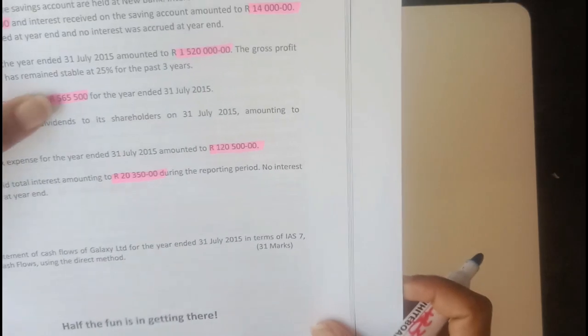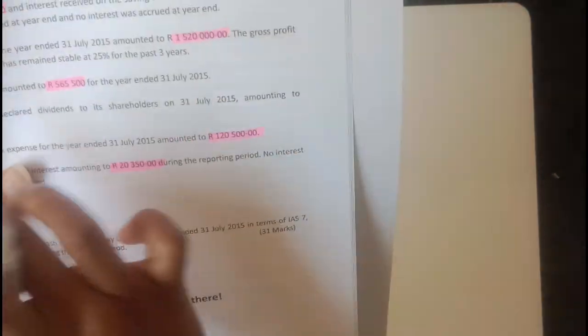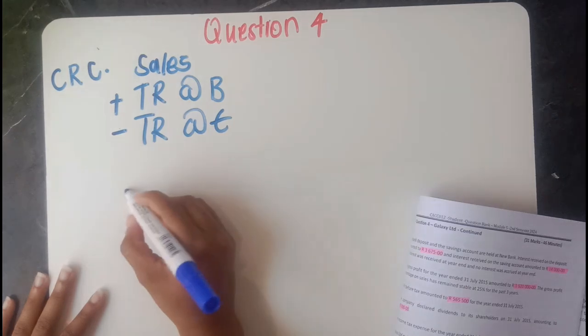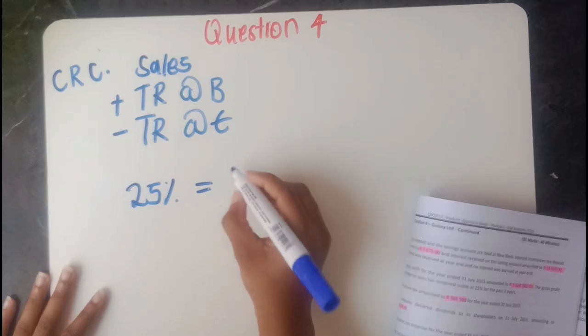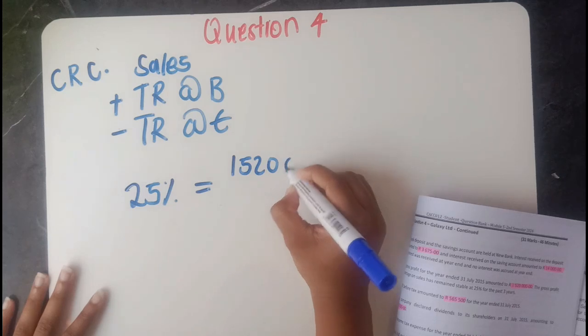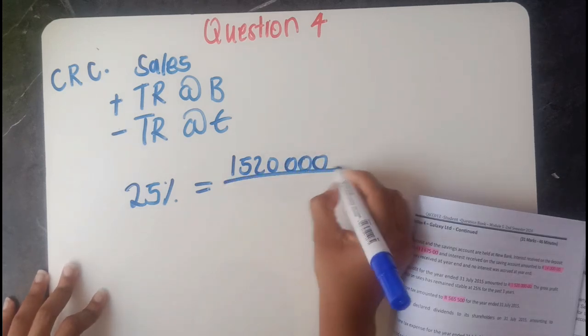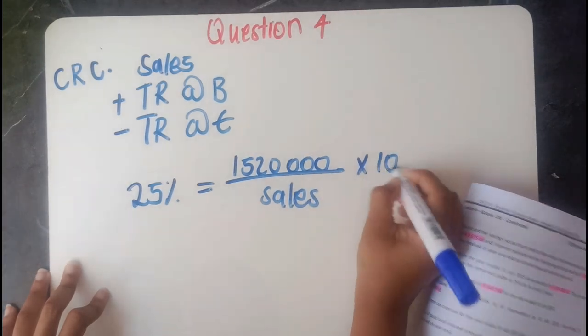So they tell you that the gross profit for the year was 1520, and the profit was 25%. So you're going to say 25% equals gross profit over sales multiplied by 100.